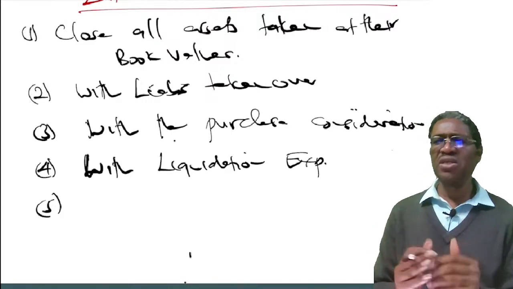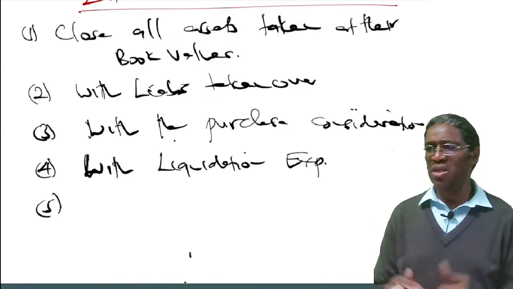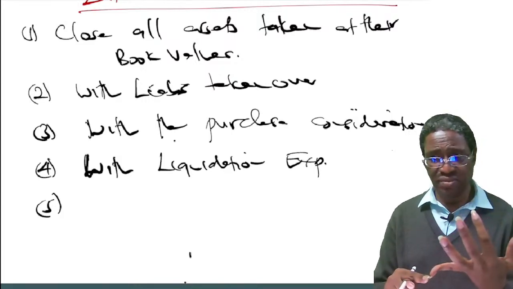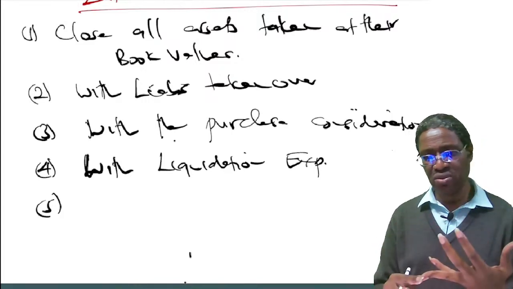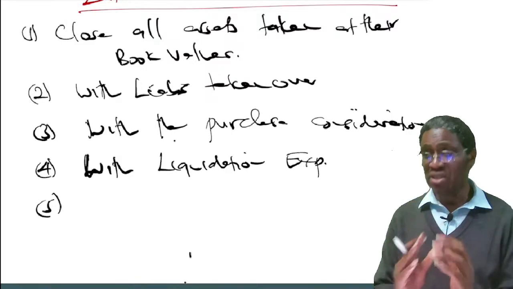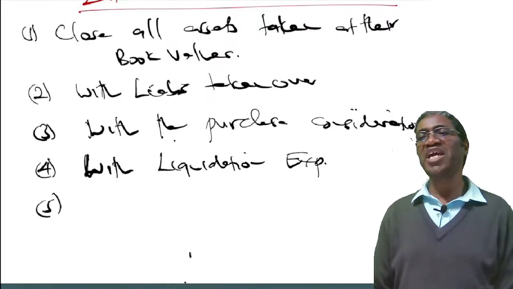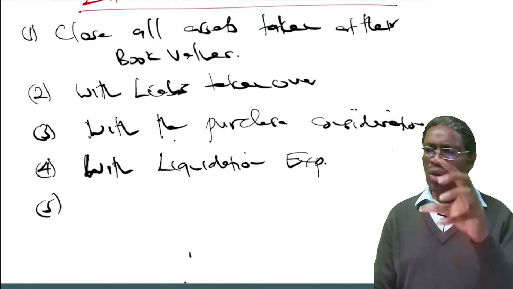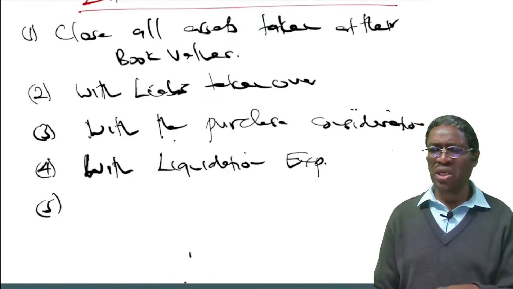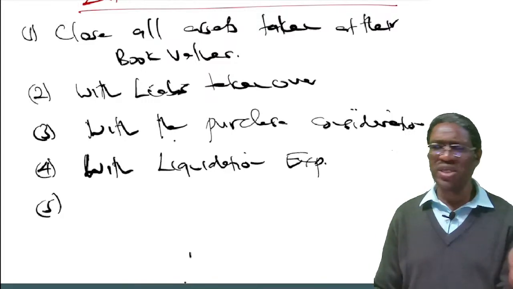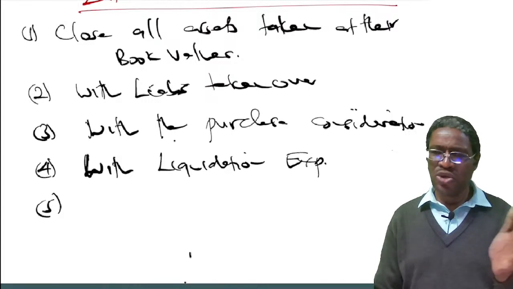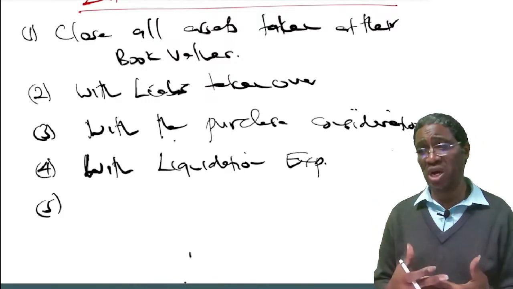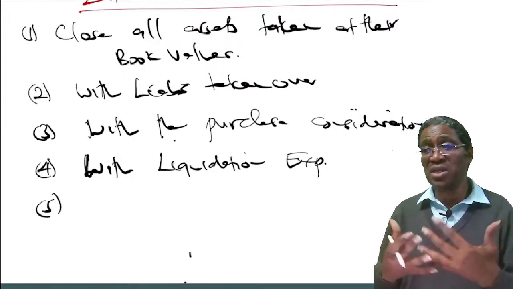It may be company B does not want to take over your furniture or your motor vehicle. Yet, we have said company A must liquidate themselves. When a company is liquidated, there should be no account pending after liquidation. So if there is an asset that company B does not want to take over from us, what do we do as company A?